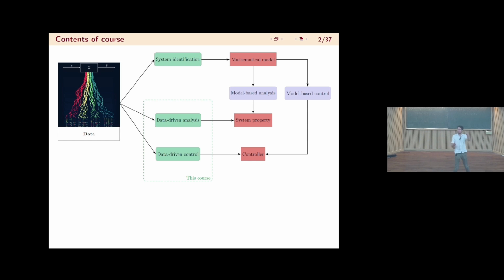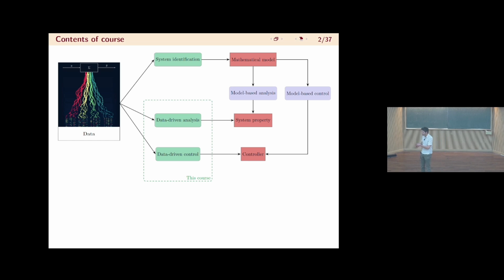We call that an indirect approach to control design. Indirect in the sense that you go through the step of system identification and modeling to finally end up with the controller.